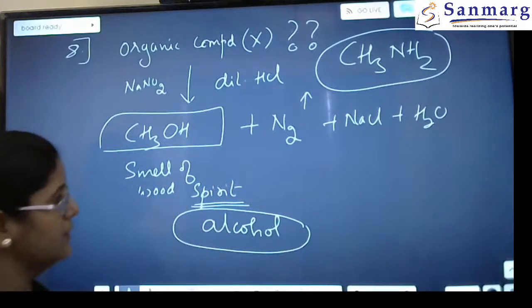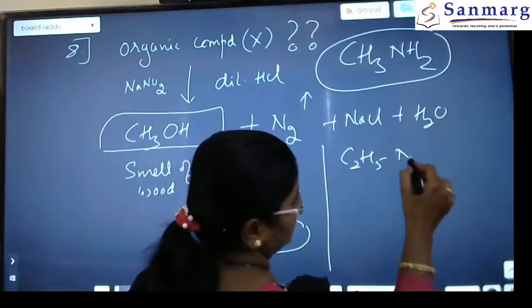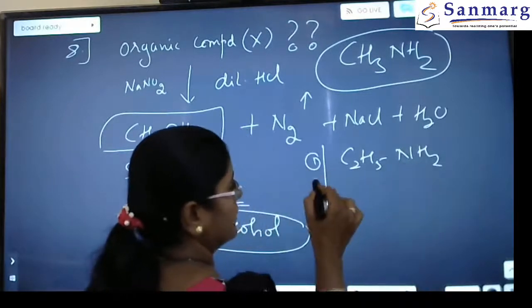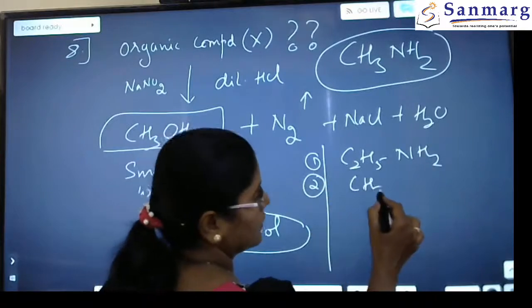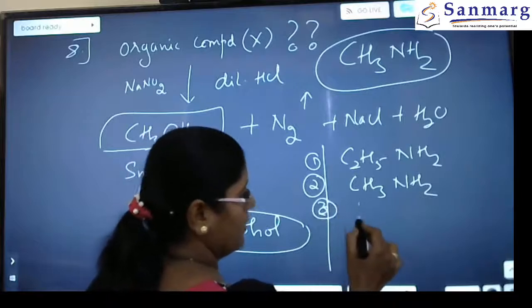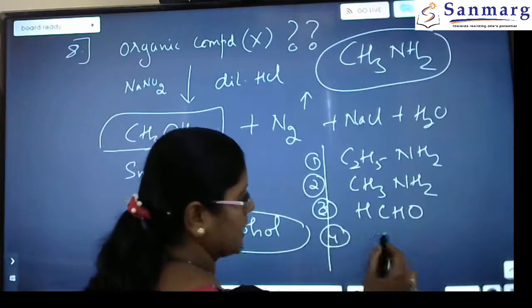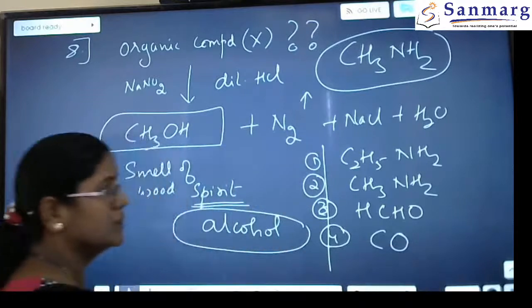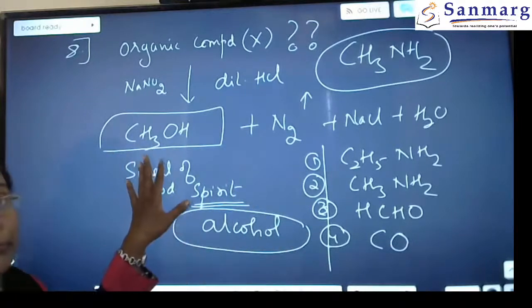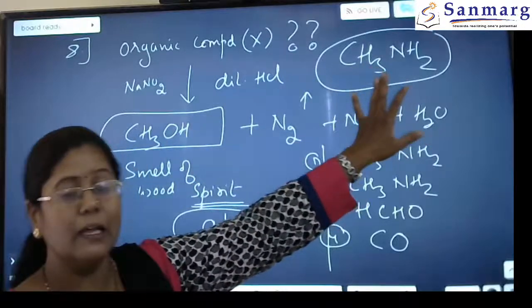The options given here are C2H5NH2, that is ethylamine, methylamine, formaldehyde, carbon monoxide. Since it is methyl alcohol, the starting reagent will be methylamine.